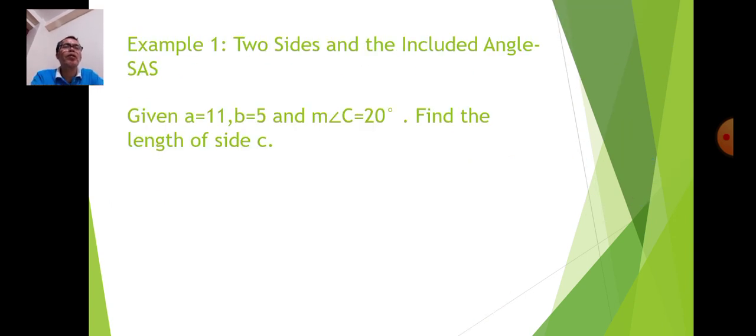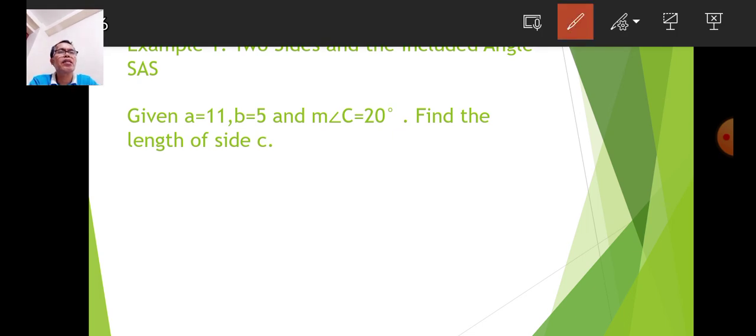Okay, example. Two sides and the included angle, that is the side-angle-side postulate. So given side A equals 11, side B equals 5, and angle C equals 20 degrees, find the length C. So we are going to draw first the triangle in order for us to visualize.